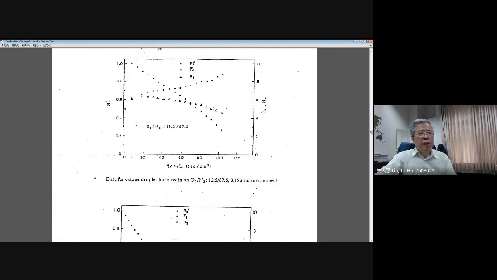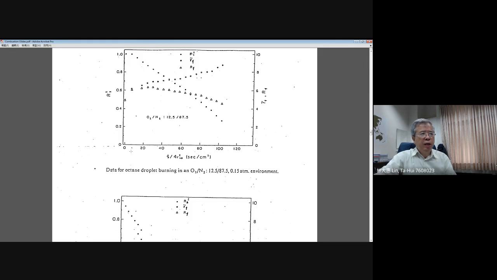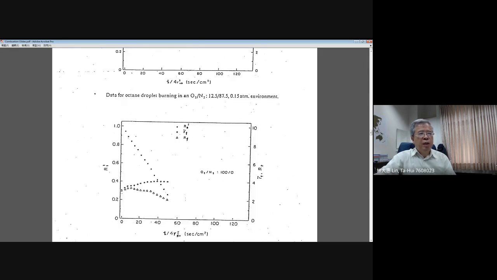This is a smaller gradient, but this is a large gradient, which means the initial pure vapor may accumulate certain amounts without burning, but later on when the diffusion flame becomes stronger, they will consume it very fast, and the flame will move closer to the droplet side.